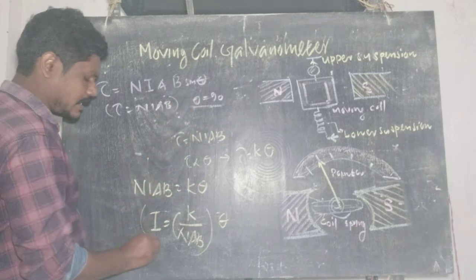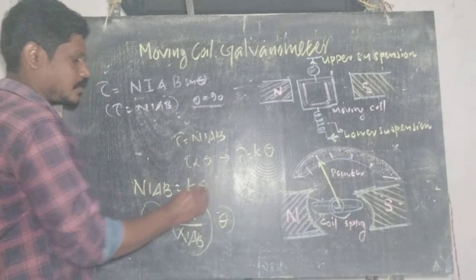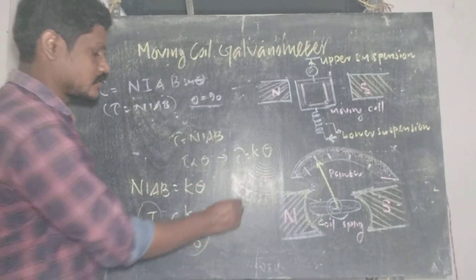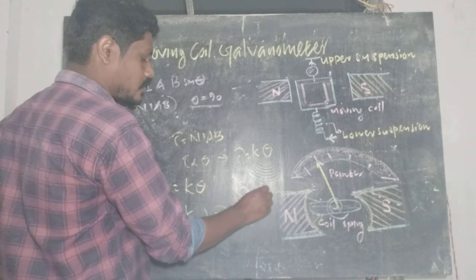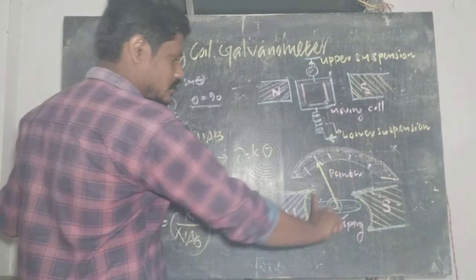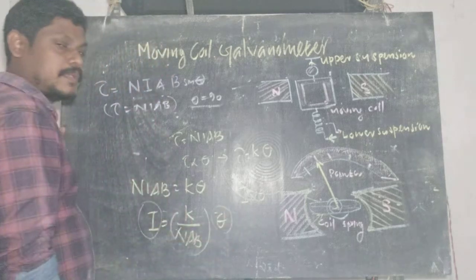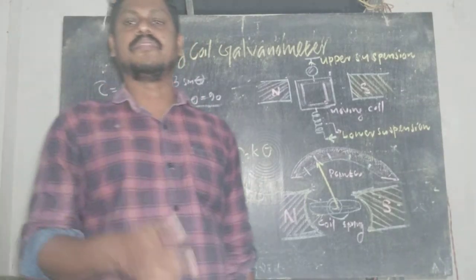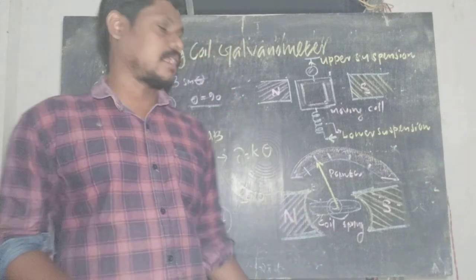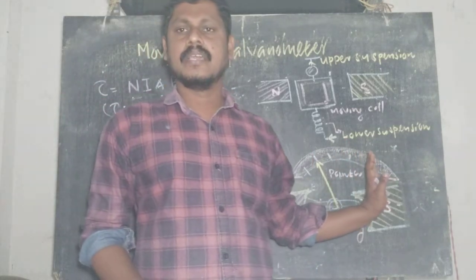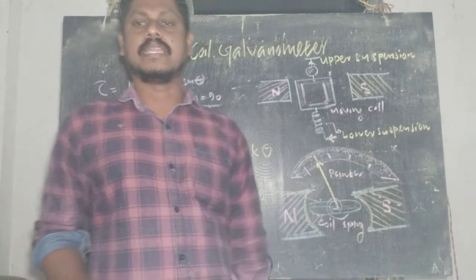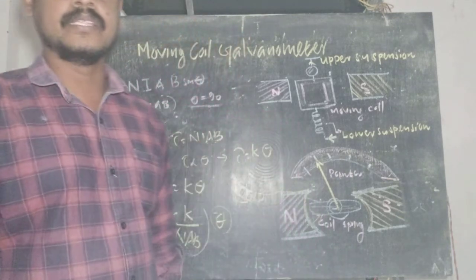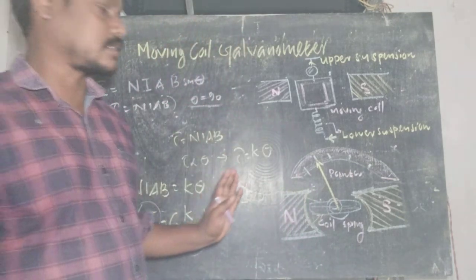From this it is very clear that the current and deflection produced are linearly related. So I is directly proportional to deflection theta. The more deflected, the more will be the current. So we can compare the strength of current by measuring that deflection. The greater the deflection shown by the pointer, the greater is the intensity of current. In this way we are comparing the strength of the current.